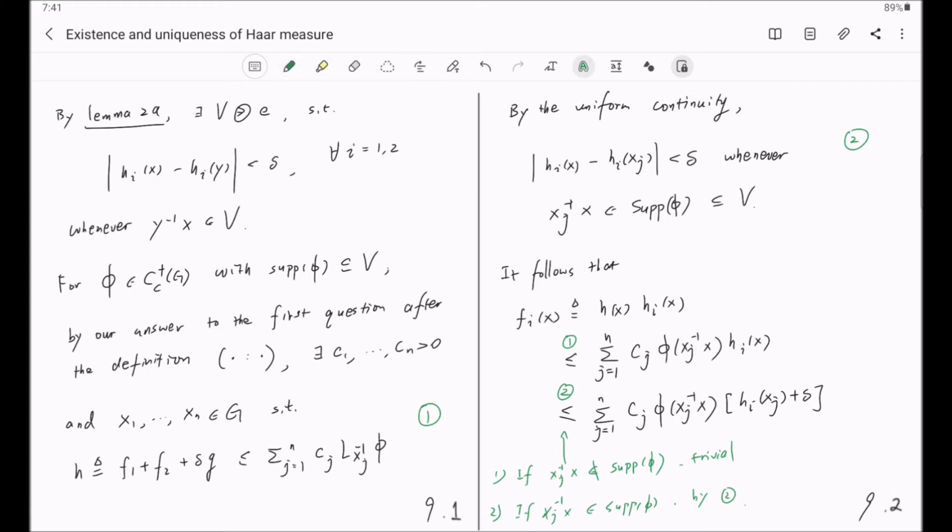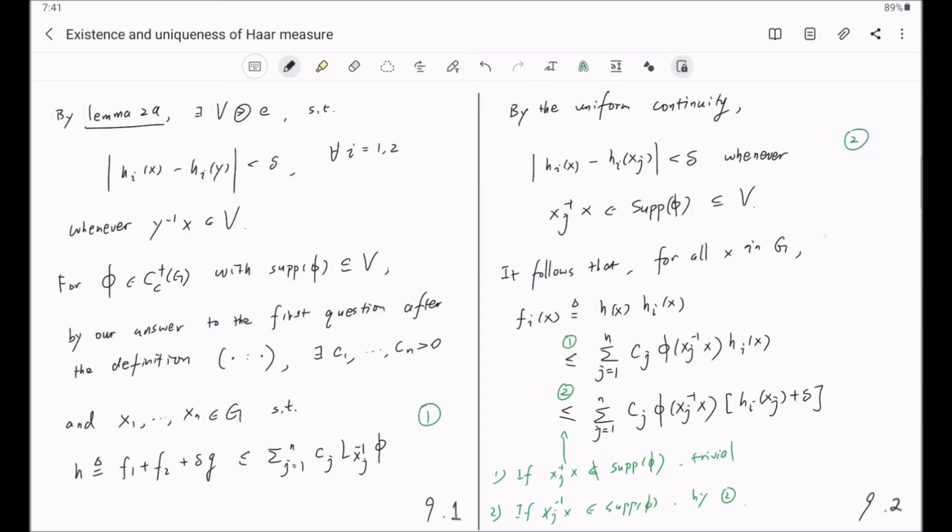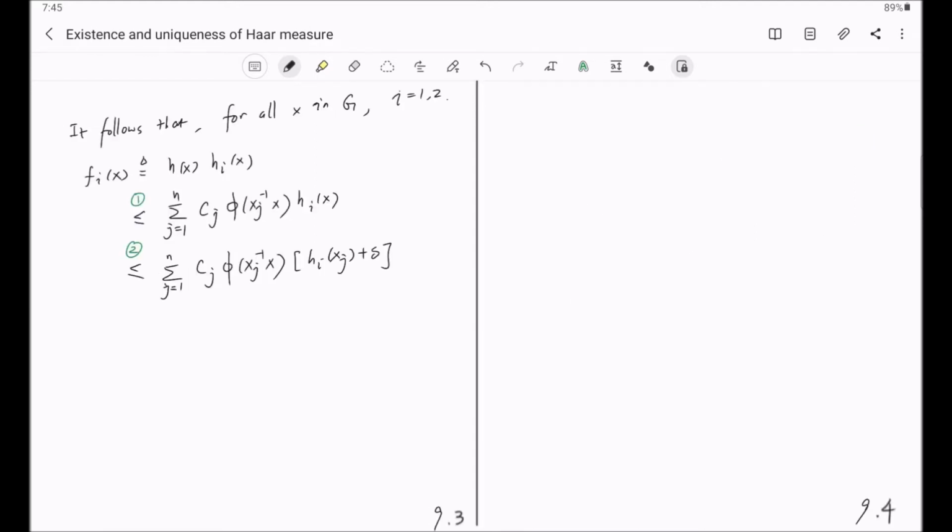Anyway, we just wrote that this inequality holds for all x in G, and i equal to 1, 2. Now let's continue. What does this tell us?